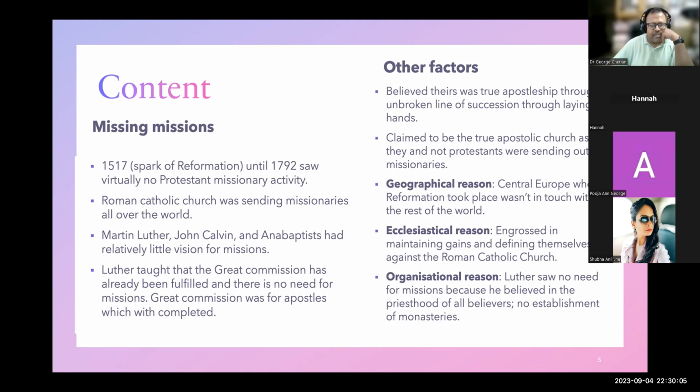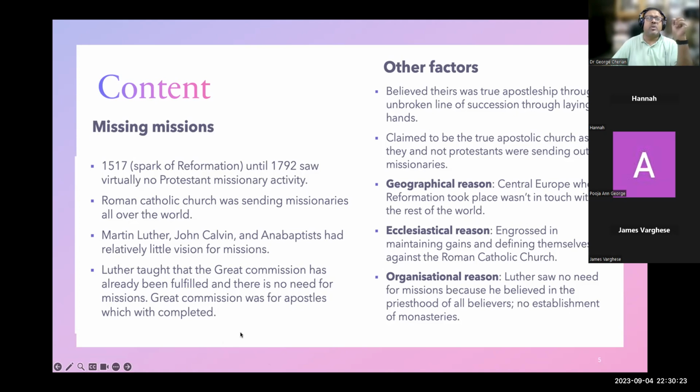Any questions, comments? Pastor, this ecclesiastical reason engrossed in maintaining gains and defense. This is also some of the cause for the Holy War. No, the Holy War is on the Catholic side, not on the Protestant side. Other side, huh? Okay. Yes, because the Crusades happened because Constantine saw a cross. That was in the 4th century, actually.